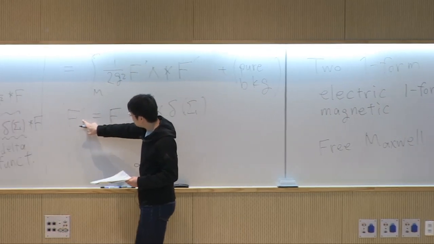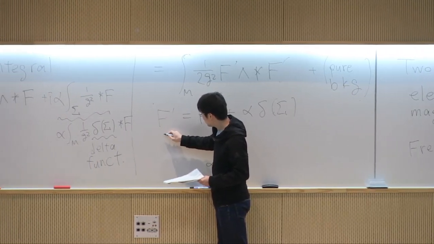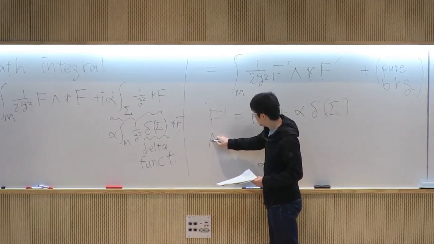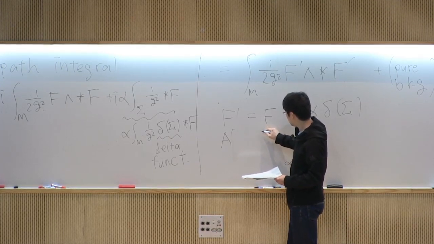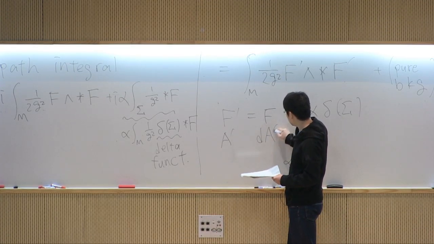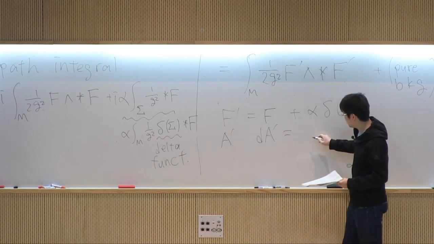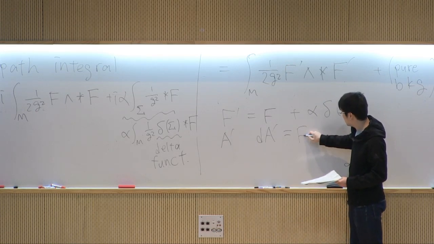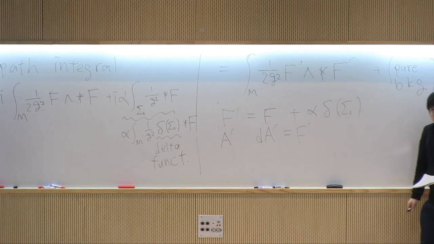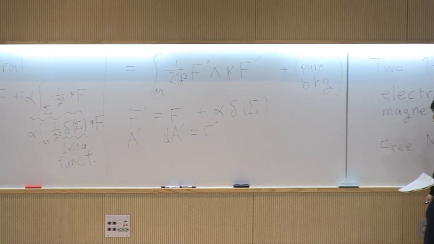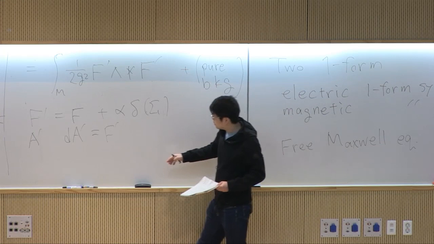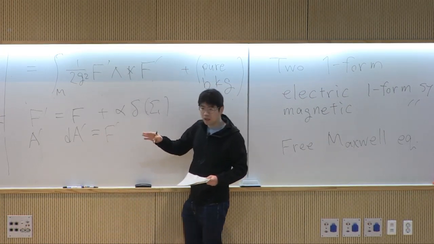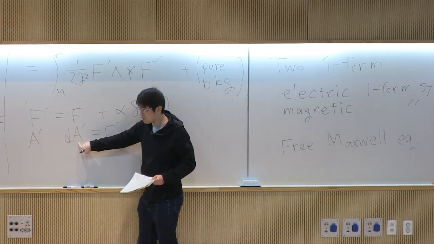Then from this f prime, we define new gauge field A prime such that the exterior derivative of A prime is f prime. So we just change the variable of gauge field from the original gauge field A to this new gauge field A prime.